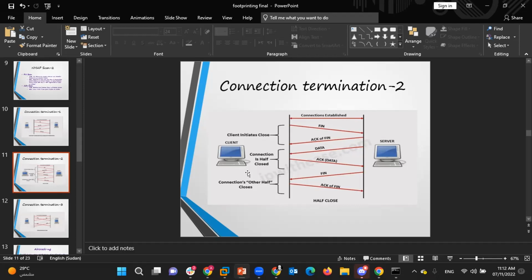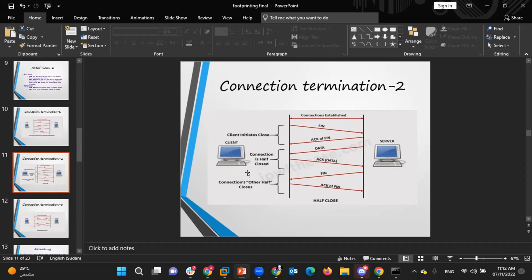In this type, we call it half closed. It is not totally closed because firstly, a FIN packet is sent from client to server, and then the client received a FIN ACK packet, and after that termination should be done, but it is not.